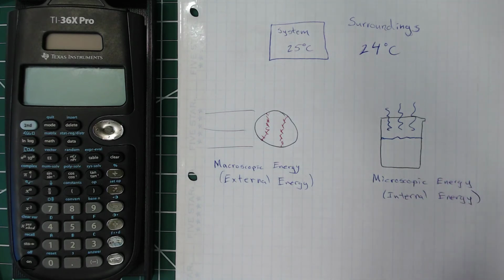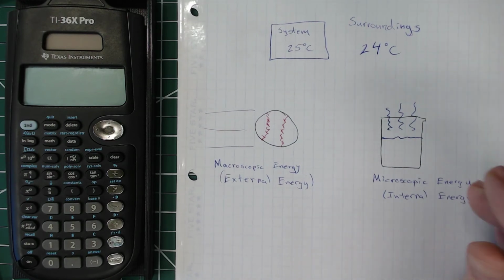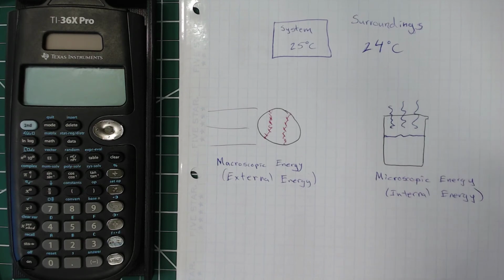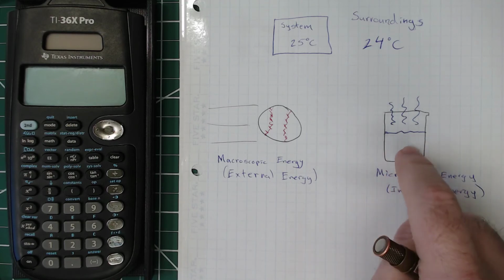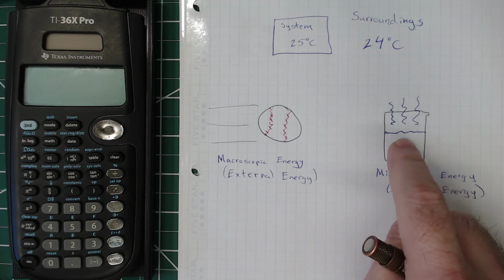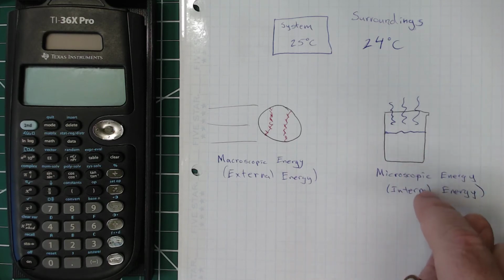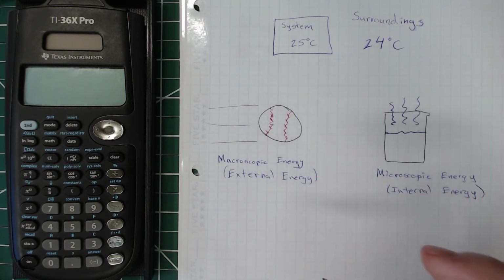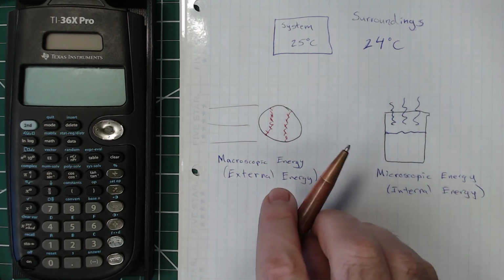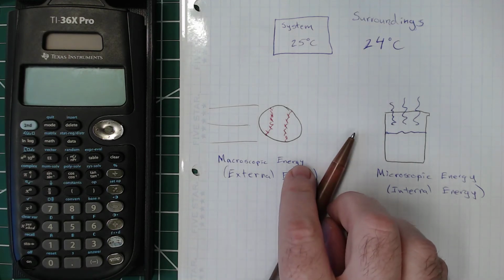However, for purposes of chemistry, we're mostly going to be looking at the microscopic or internal energy, the energy that the individual particles have, either their potential energies or their kinetic energies. It's not that we don't care about the macroscopic energy, it's that microscopic energy is the energy that we will discuss mostly in chemistry.